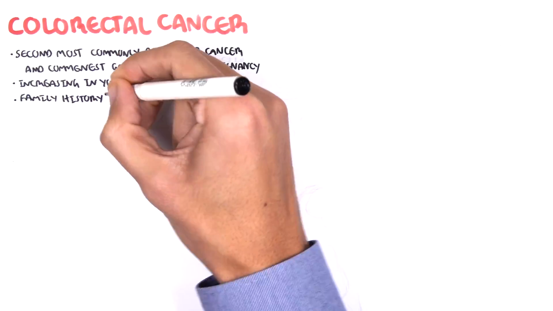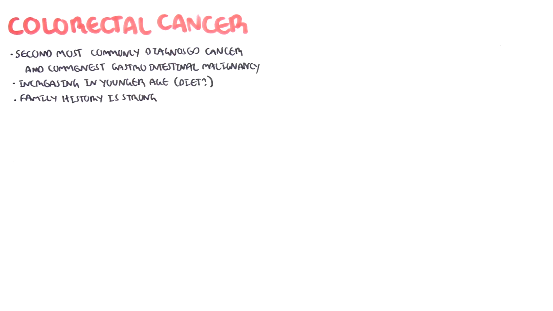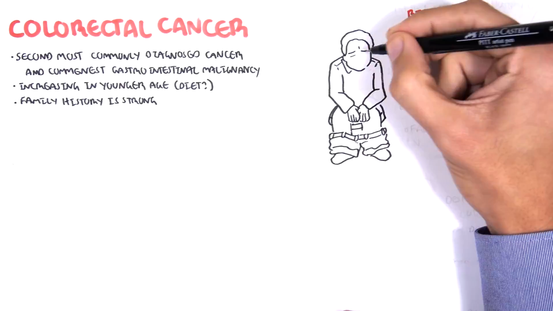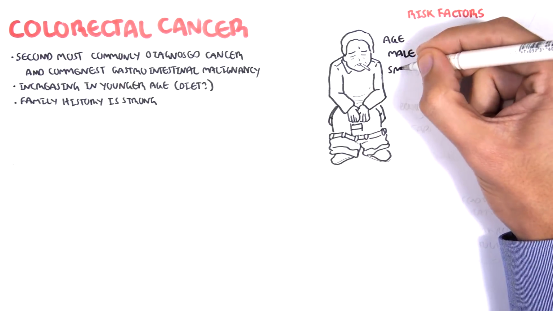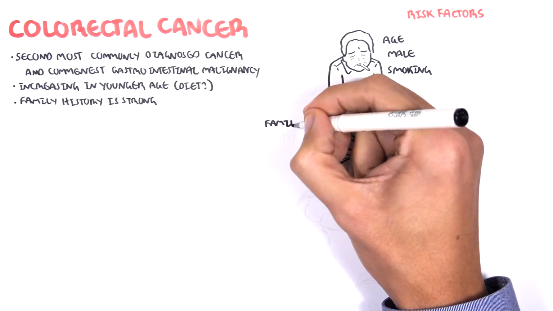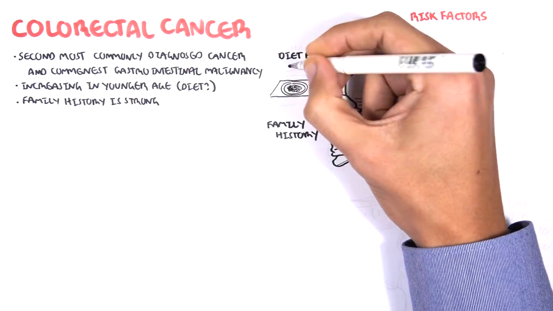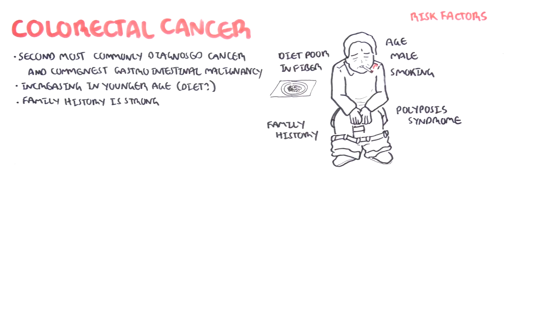Family history is strong in colorectal cancer. The risk factors for developing colorectal cancer include age, male sex, smoking, family history, as we discussed, diet high in red meat and poor in fiber, polyposis syndrome, or FAP, and HNPCC, or Lynch disease.